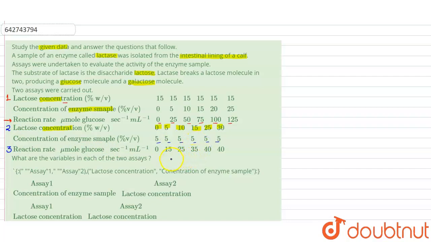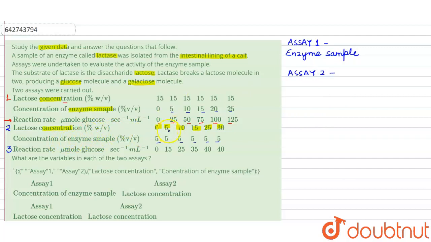So that means we can say that in assay number 1, that is test 1, the variable is the concentration of the enzyme sample; we can see that the enzyme sample values are varying here. Whereas in assay 2, what is varying?